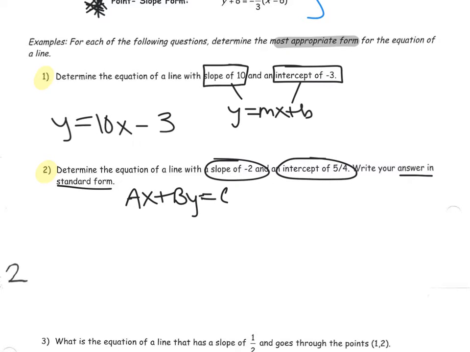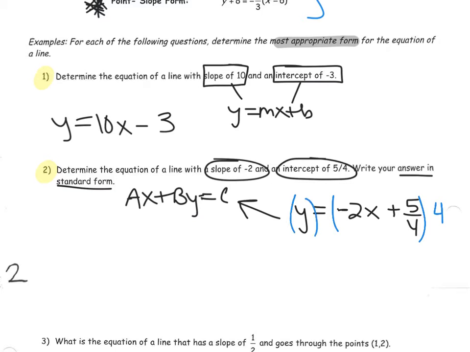Right now what I have is y equals -2x plus 5 over 4. Currently they gave it to me in slope-intercept form, but I want standard form. First off, because remember, standard form allows no fractions, I'm going to multiply everything here by 4.